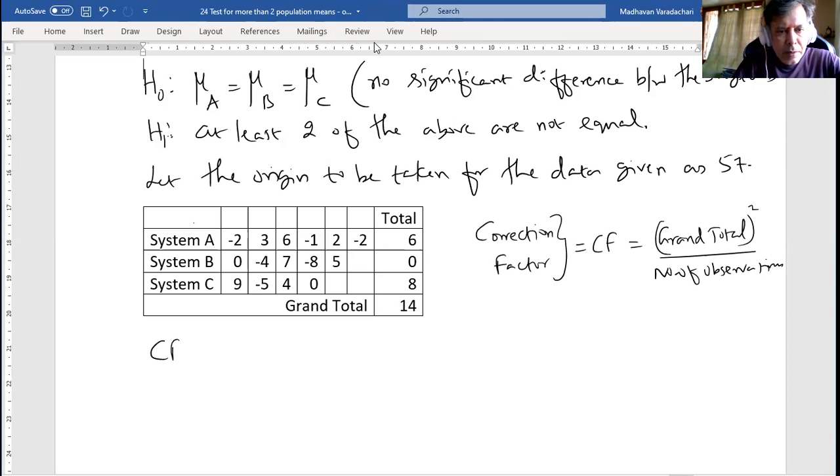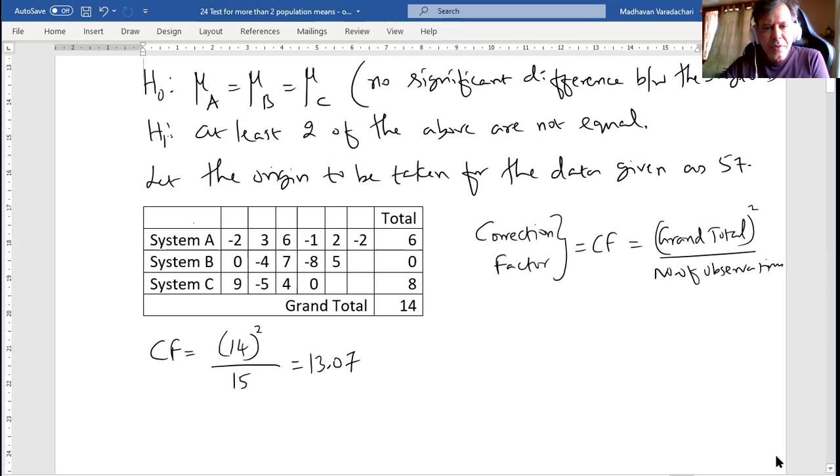So here the grand total is 14 the square, and the number of observations, if you look into the first row, I got 6 values, 5 values, and 4 values, means 6 plus 5, 11, 11 plus 4, 15. So 15 values of the observations. That will give you 13.07 as the correction. That is the very first step.